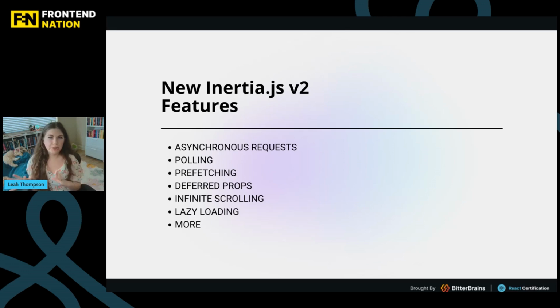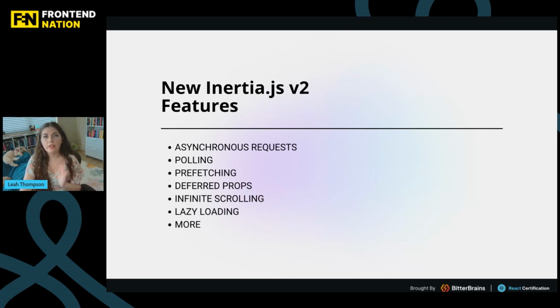Inertia.js version 2 also introduces polling, which allows you to keep your UI in sync with server state for real-time applications. It does this by simplifying polling and introducing a usePoll helper.